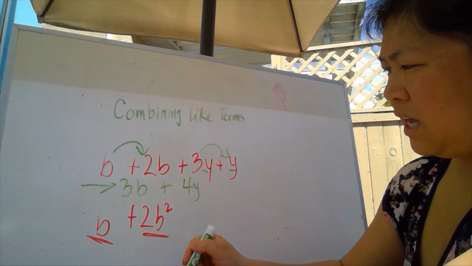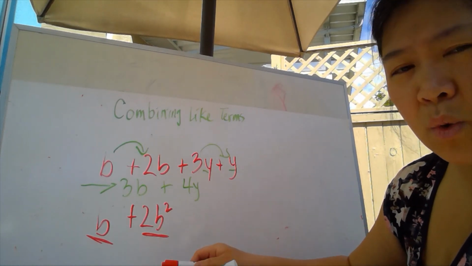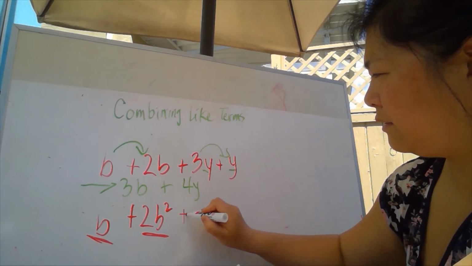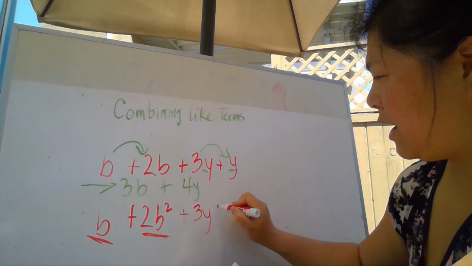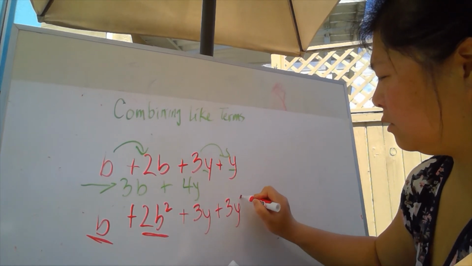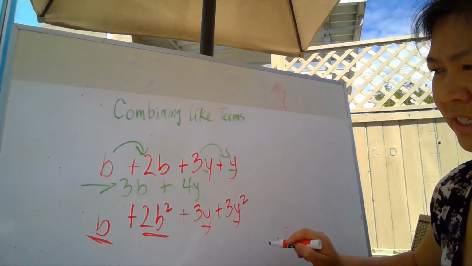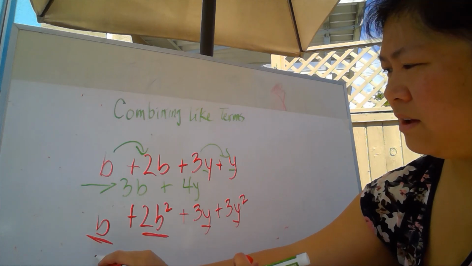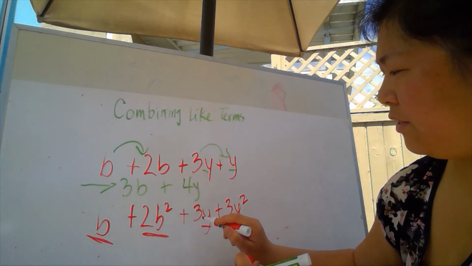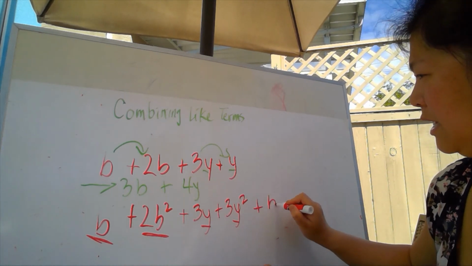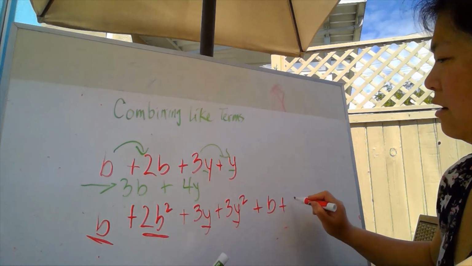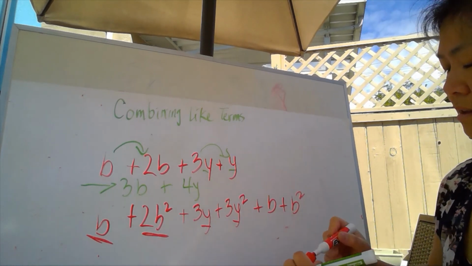But if it's something like this, where the term is b squared, and you have, say, 3y plus 3y squared, these are not the same. So you cannot simplify this unless you have another b plus another b squared.